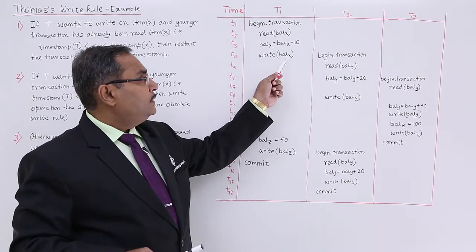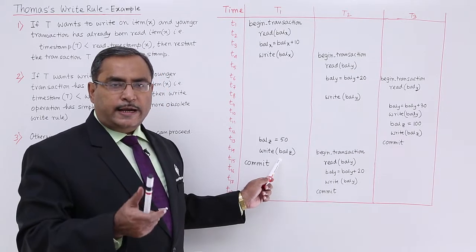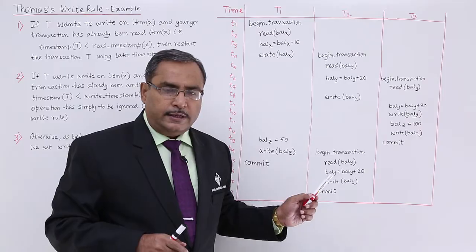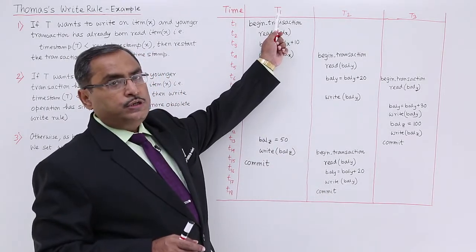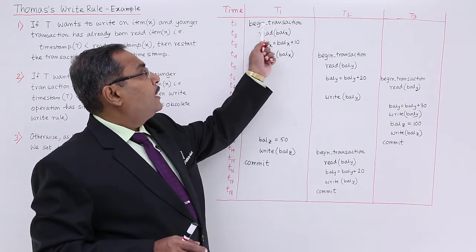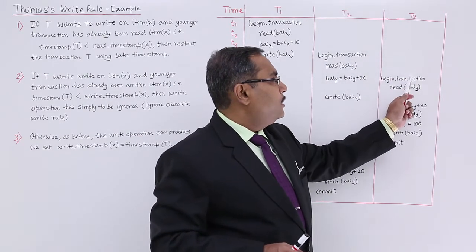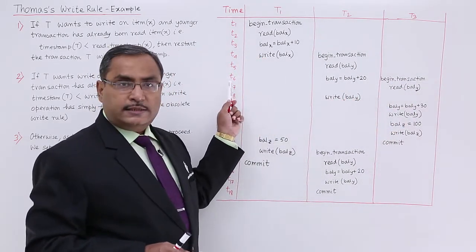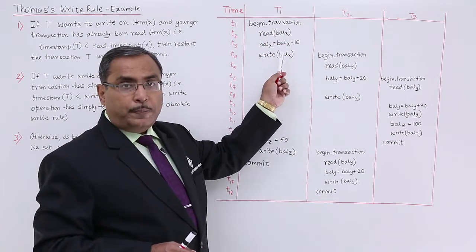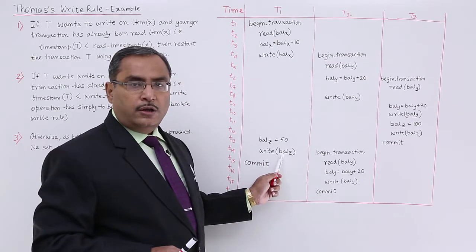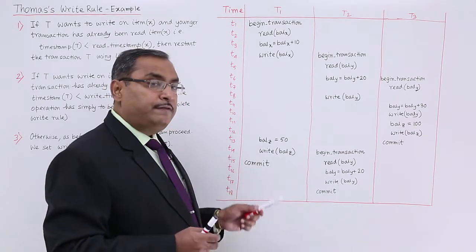Here it is going to write something onto the database, and the data item name is balance Z. T3 is another younger transaction, starting at instant T6. Now in T1, after carrying out some set of operations, it is trying to write something on the database, the data item balance Z, at instant T14.